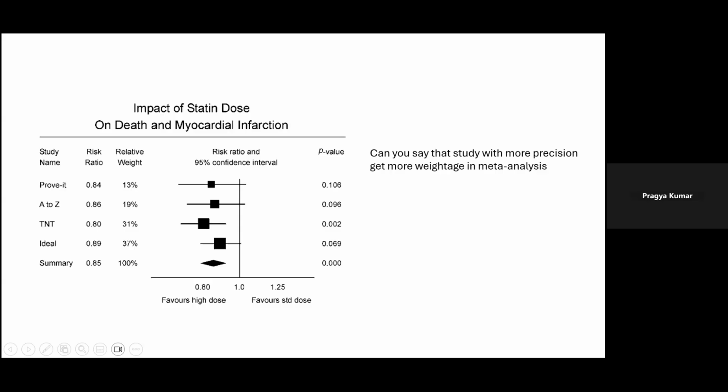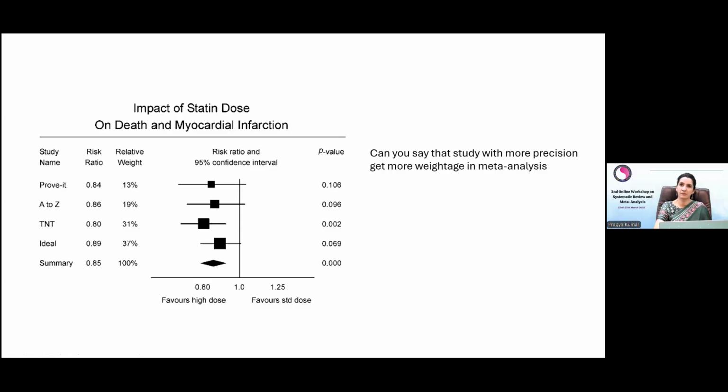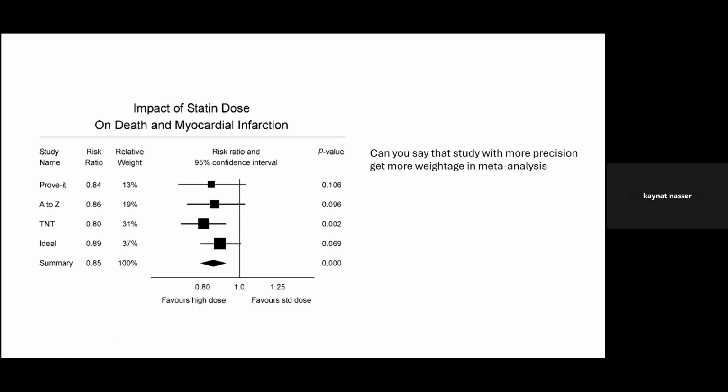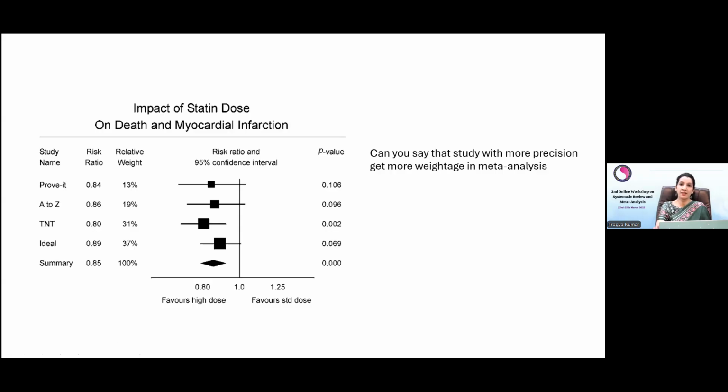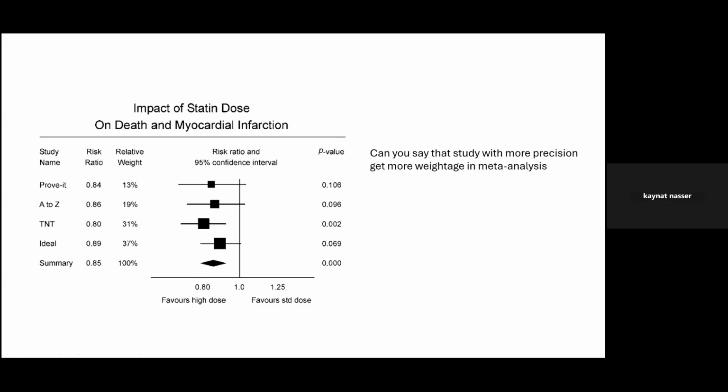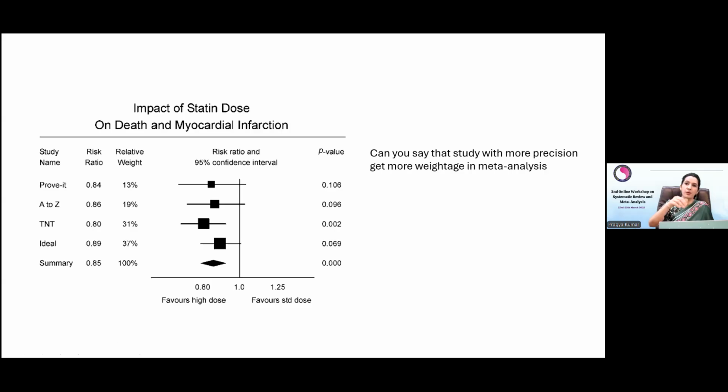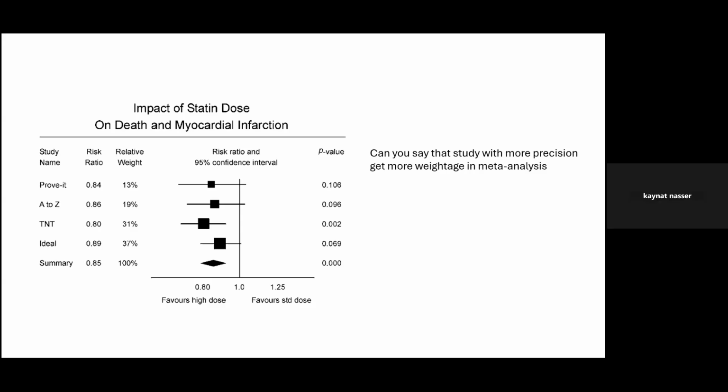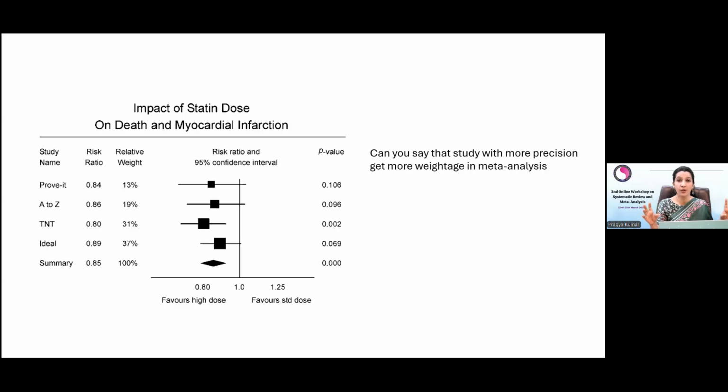Ma'am, how are weights assigned? Do you want to ask statistically or conceptually? Statistically. That is done by the software. The software decides the weight; you don't have to do it. This is all theoretical. You will get this output in Jamovi.